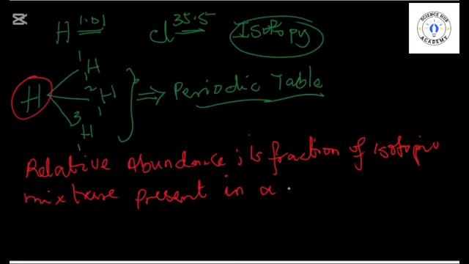Every atom is not made up of just one type of isotope. Most of them have at least two isotopes making them up. Each of those isotopes is present in a particular fraction, and that fraction of existence is what we call relative abundance.